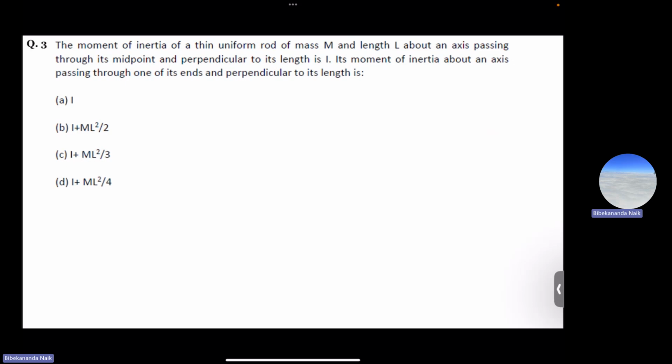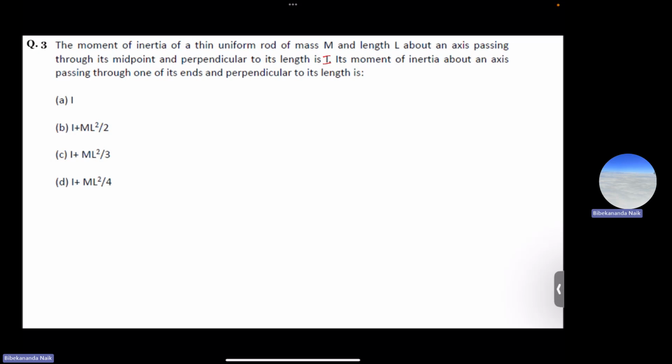Question number 3 says: the moment of inertia of a thin uniform rod of mass capital M and length L about an axis passing through its midpoint and perpendicular to its length is I. This is not L, this is I, that is moment of inertia.